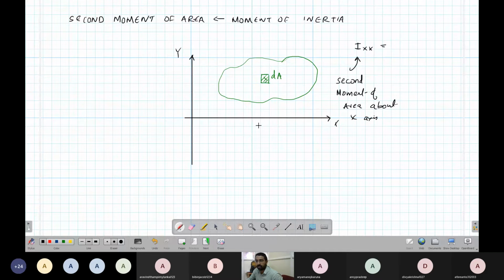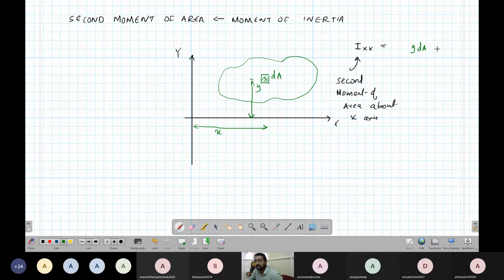We know what the first moment is. I will denote the distances: this is y, and this distance is x. This is a very small area, so you can assume it to be a point, but I am exaggerating and repeating. The first moment of this point about x is y times dA.